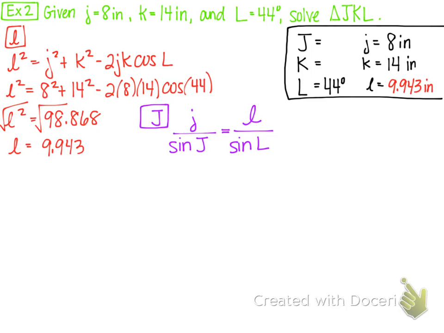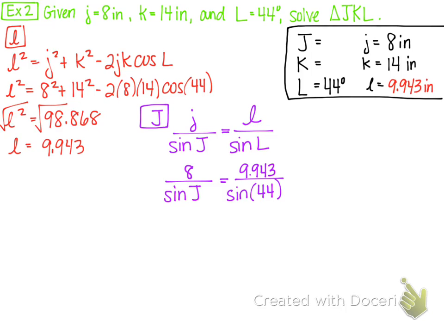Okay, so little j is 8 over sine of big J, we don't know what big J is, equal to little l, which is 9.943, over sine of big L, and big L is 44.